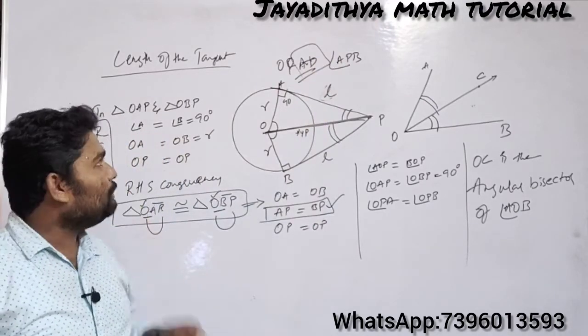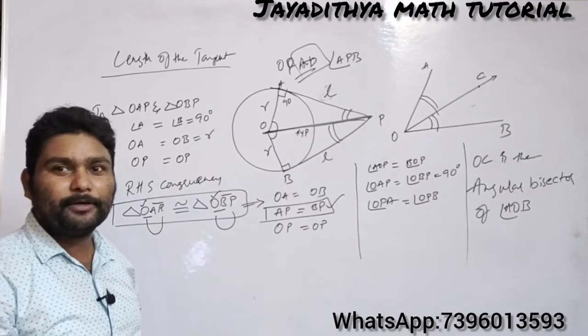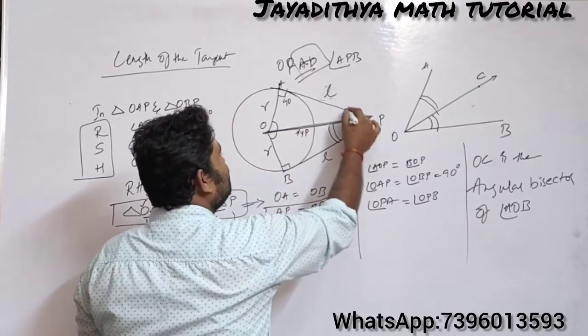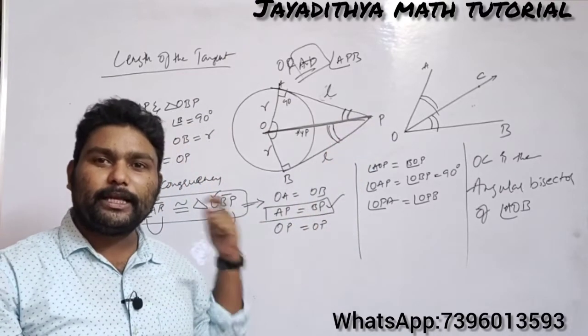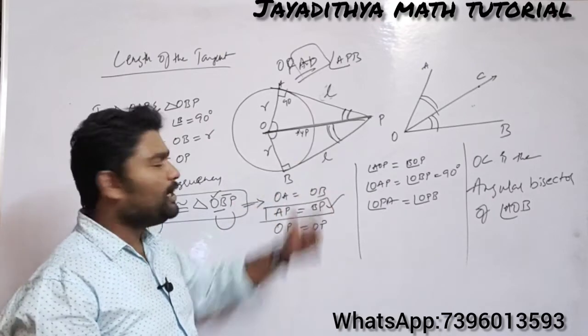Clear? I hope you are understanding the concept. So this is the angular bisector, that means obviously these two angles are equal. This concept is very, very important. I'll tell you whenever I am explaining the problems, again I'll be reminding you this point.